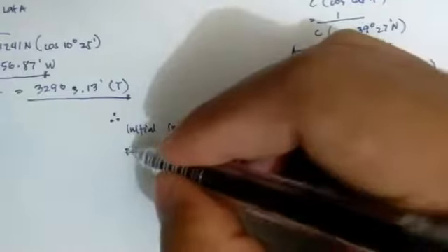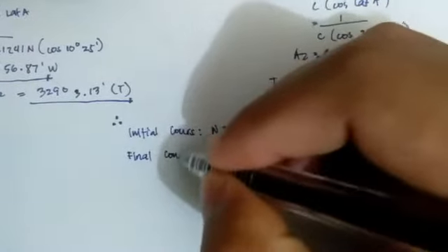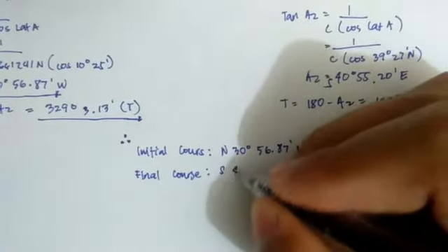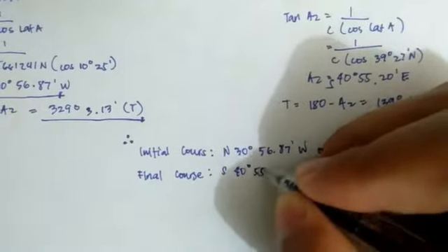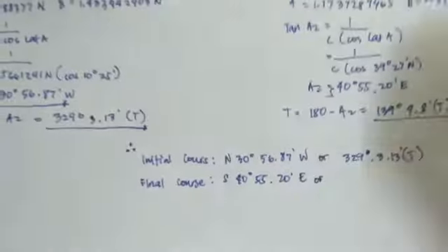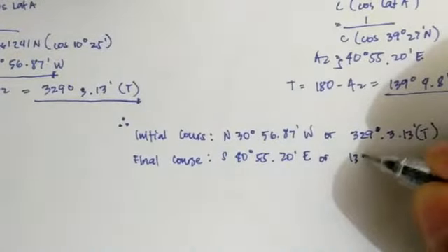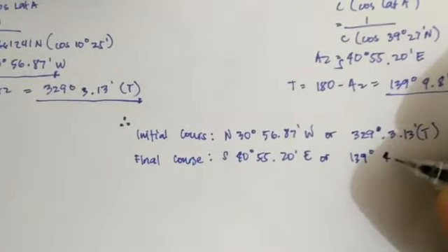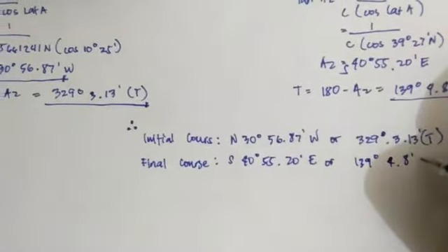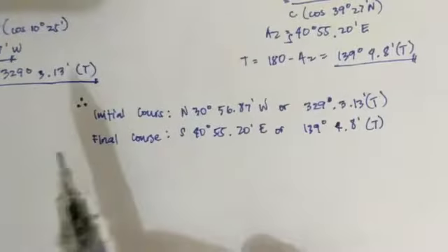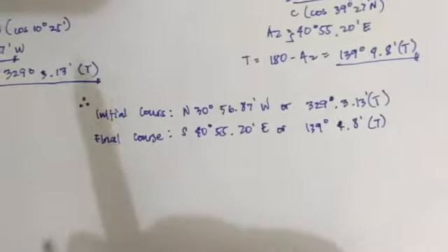And our final course is south 40 degrees and 55.20 minutes east, or 139 degrees 4.8 minutes true. So that's it. We already have our initial course and our final course.